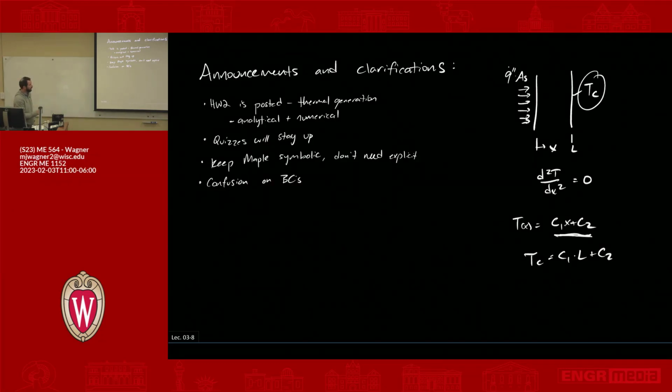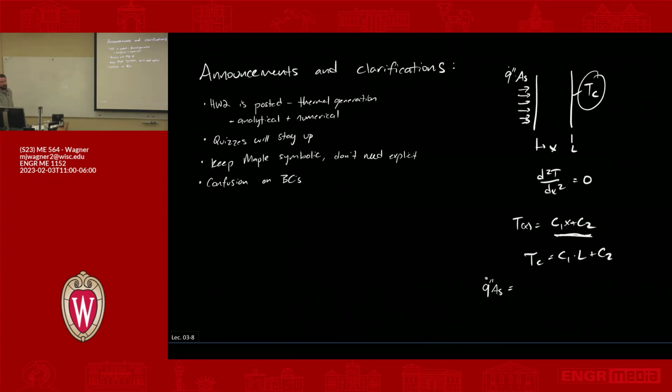On the left-hand side, and I think this is where people are confused, this is a flux boundary condition. In the homework, you have a resistance network boundary condition, or you should have. If we try to enforce this, we need to say q dot double prime As is equal to what's valid in the domain.